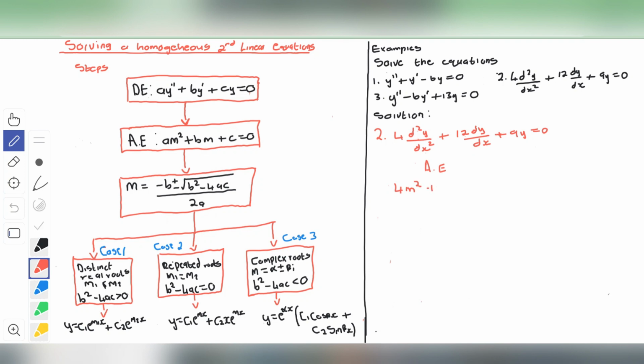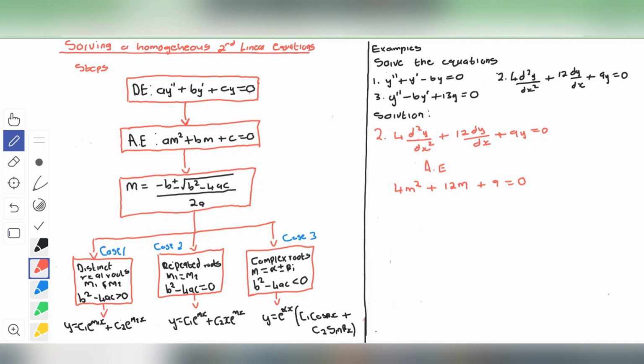Plus 12, and dy over dx is the first derivative, so we only write m. Plus 9y, we only take the coefficient of y, which is 9, equal to 0. This is our auxiliary equation.